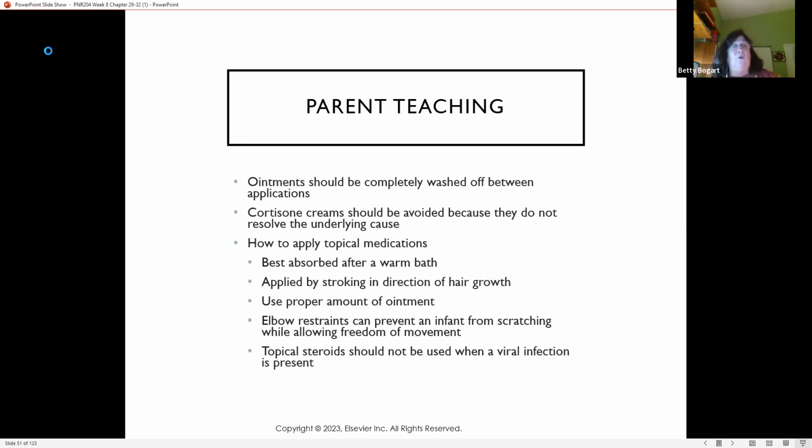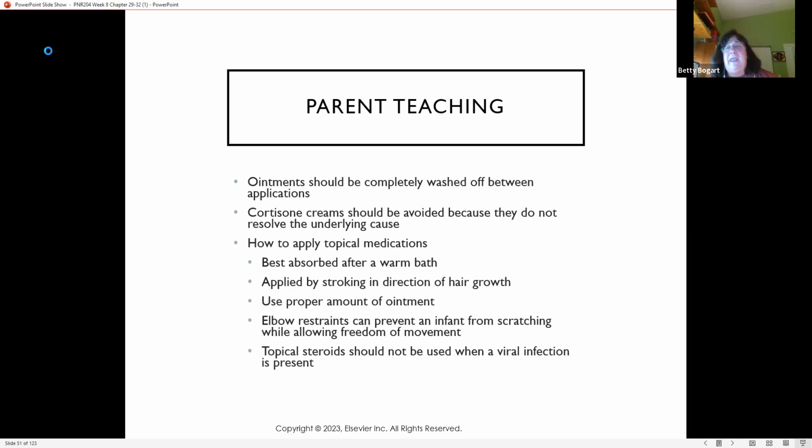As I said, with cortisone creams you have to be careful because number one, you can overdose them and it's a steroid. Number two, we know any steroid masks the signs and symptoms of the underlying cause. So it's the last thing we'll put on. Figure out the cause and then we'll probably use it.